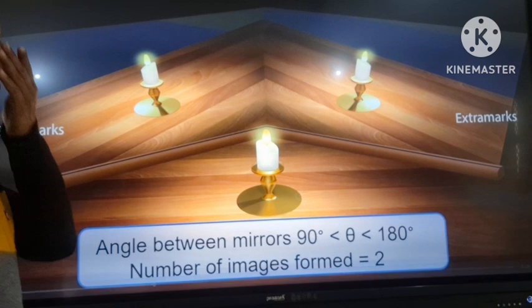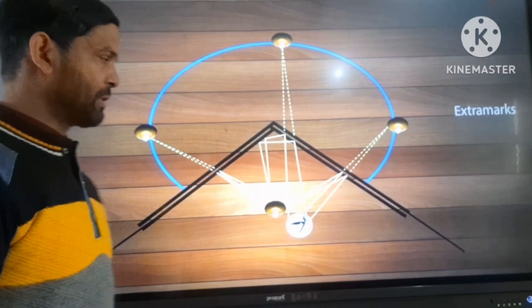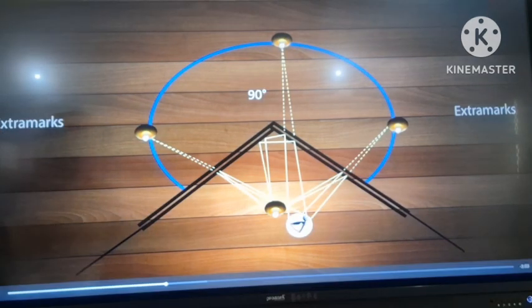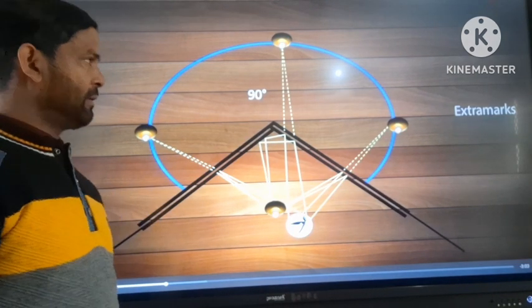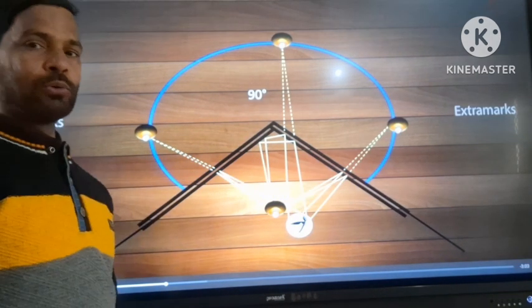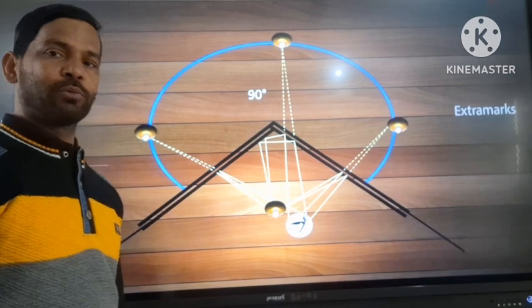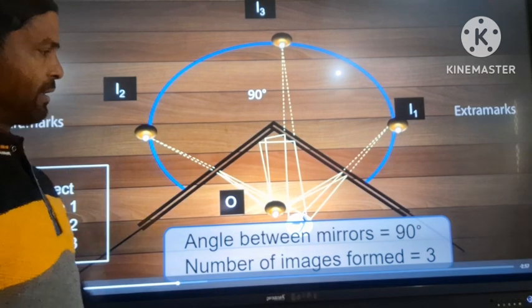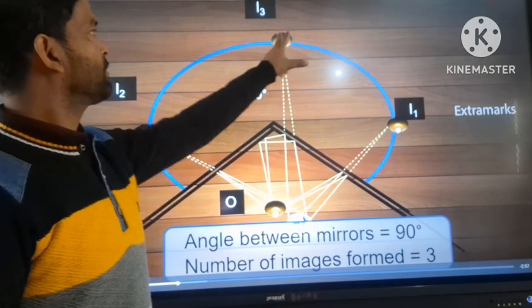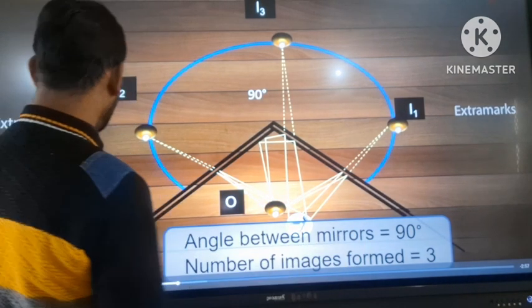Suppose we place an object in front of mirrors at different angles. So by reducing the angle between the two mirrors, we find different numbers of images. If the angle is 90 degrees, the number of images formed is 3.